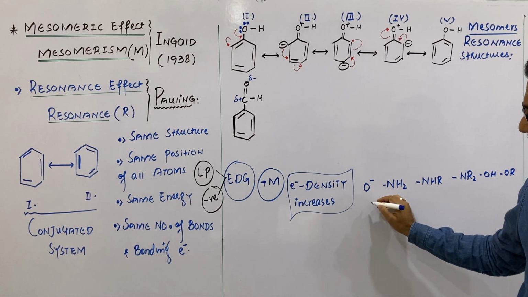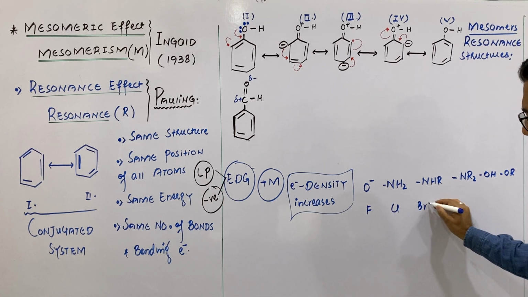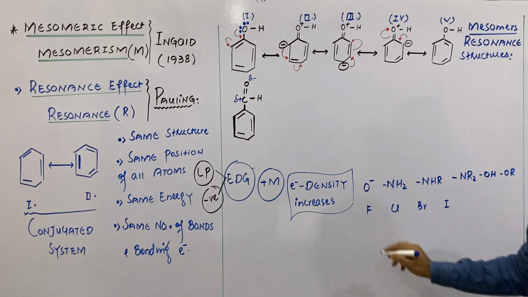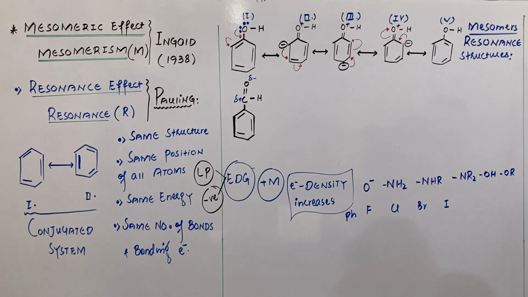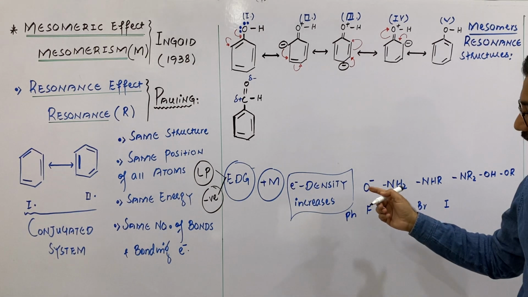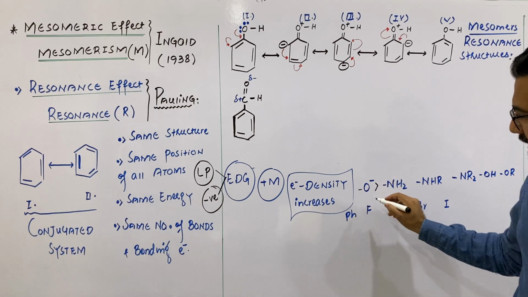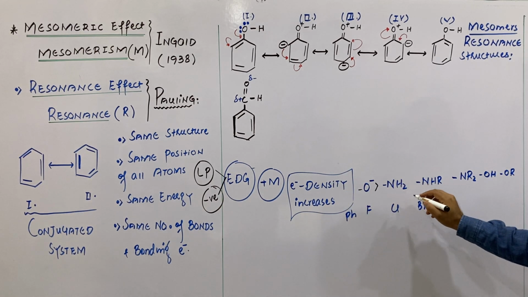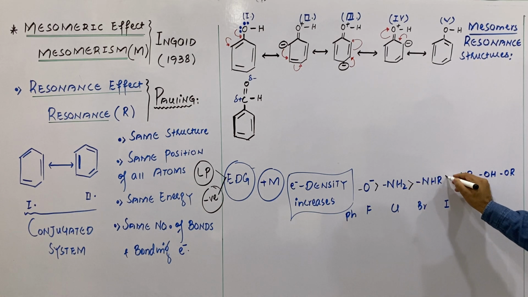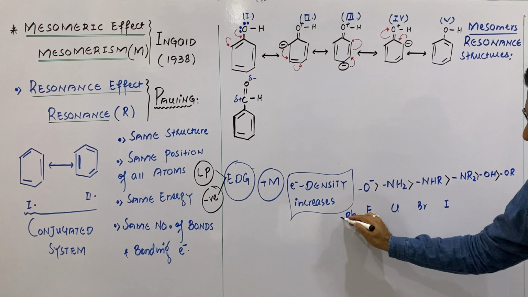And then you can say all the halogens, fluoro, chloro, bromo, iodo, even the phenyl group, that is C6H5, is also an electron donating group. And my dear students, in the order of their positive M strength, negative oxygen has the maximum positive M effect. It is the strongest positive M group. And then the strength decreases like this.